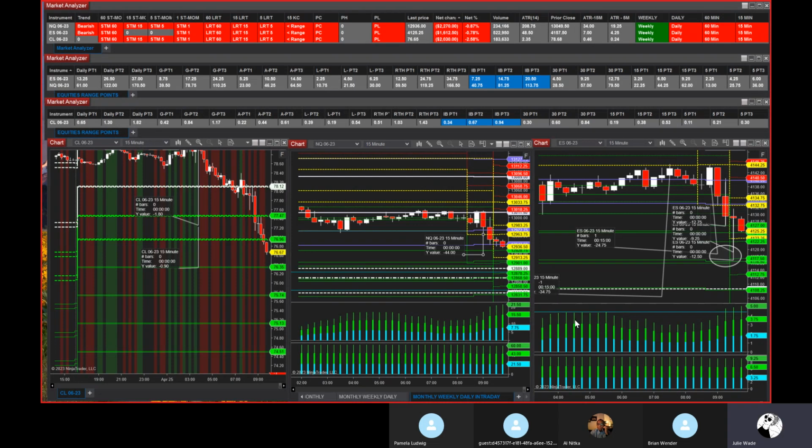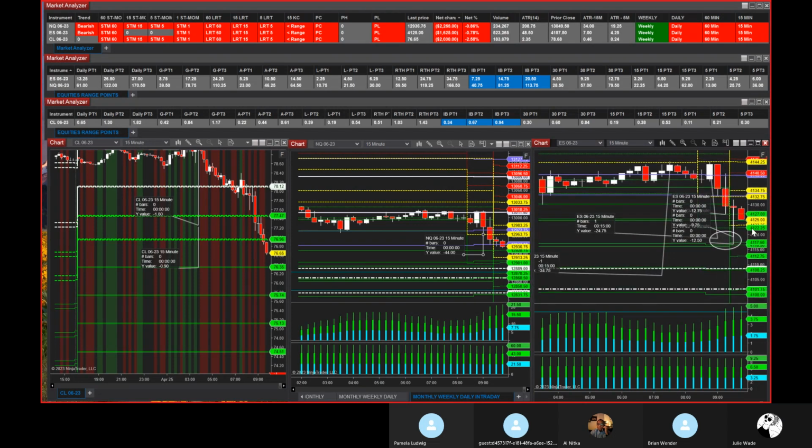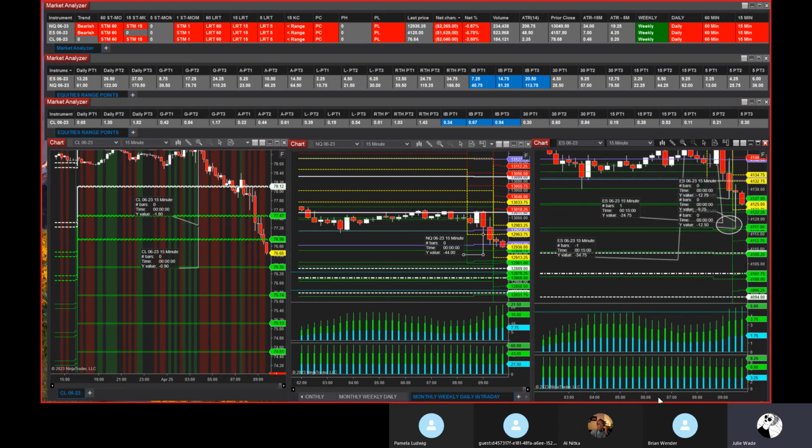All red. What is this fix doing? So we're crossing our prior range. So the range is expanding.